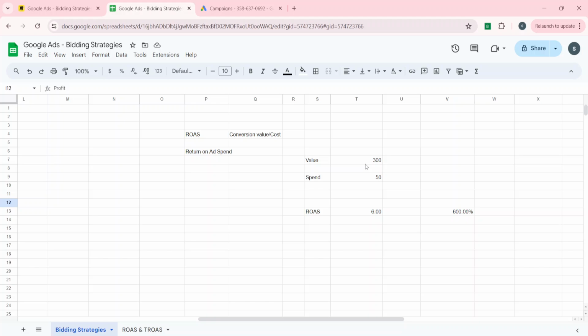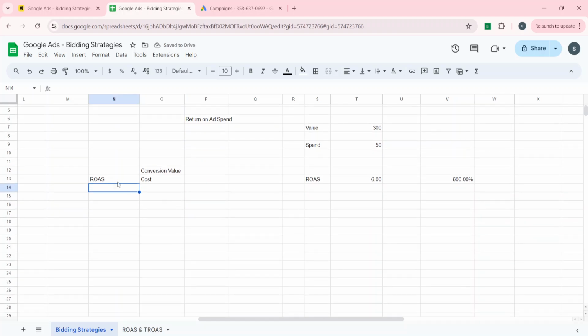Let's go by the formula once again. ROAS is conversion value by cost. So mathematically ROAS is directly proportional to the conversion value, and ROAS is inversely proportional to the cost.